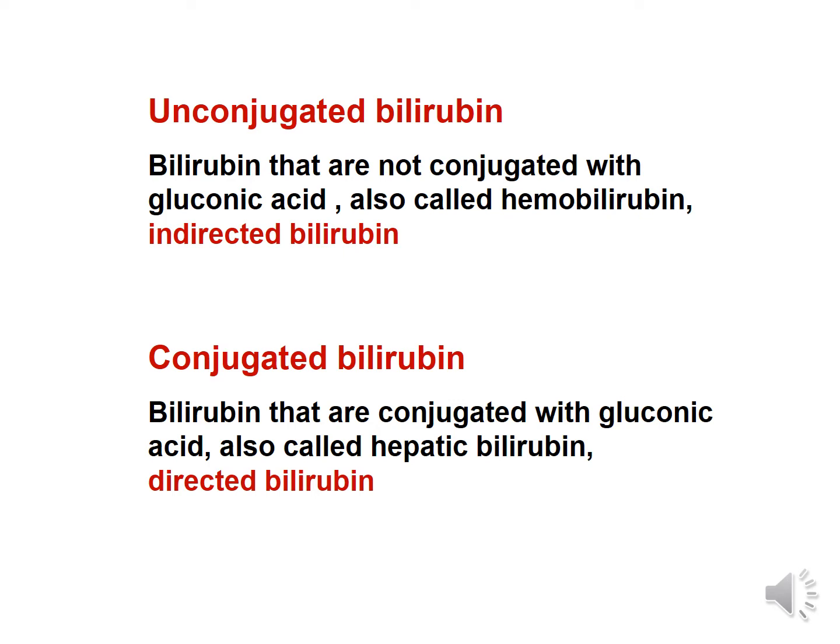So, unconjugated bilirubin, that is bilirubin not conjugated with glucuronic acid, is also called hemobilirubin or indirect bilirubin, and conjugated bilirubin, bilirubin that is conjugated with glucuronic acid, is also called hepatic bilirubin or direct bilirubin.